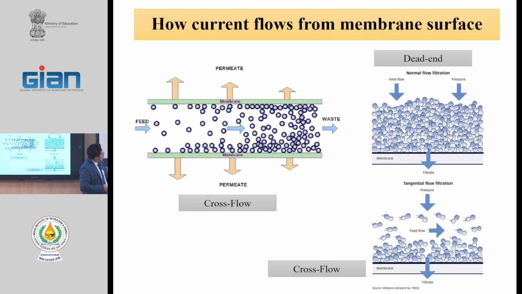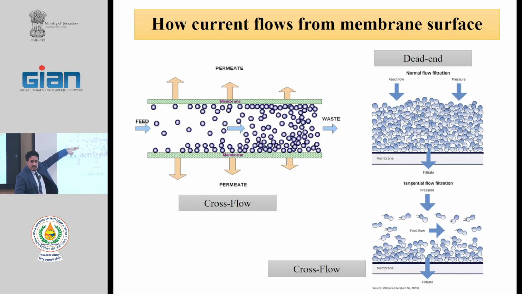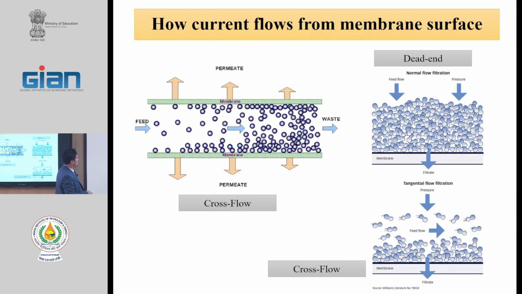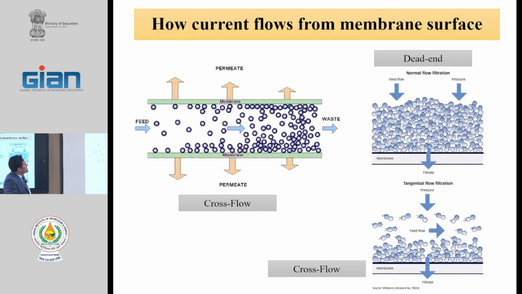Here the feed is at 90 degrees with the permeate pass. Therefore, we have a cross. Okay? We say cross flow because the feed and permeate streams cross. But in dead-end, the feed flow and the filtrate or permeate flow are parallel.